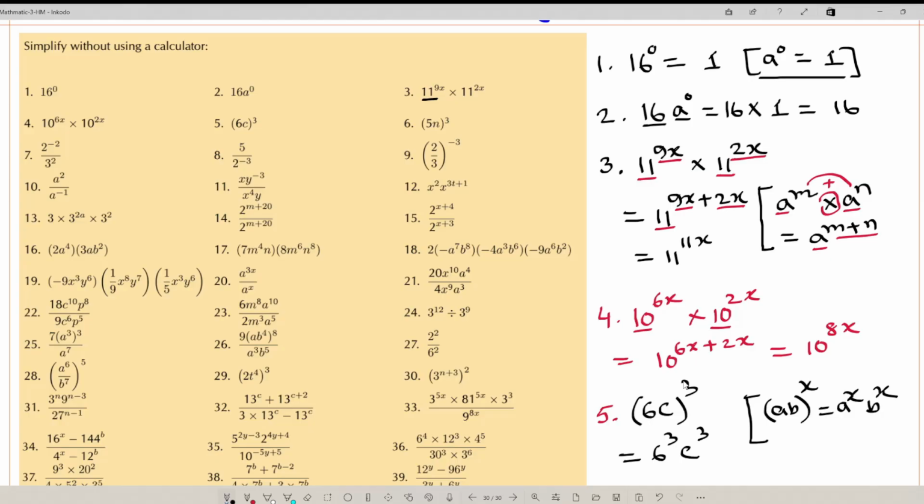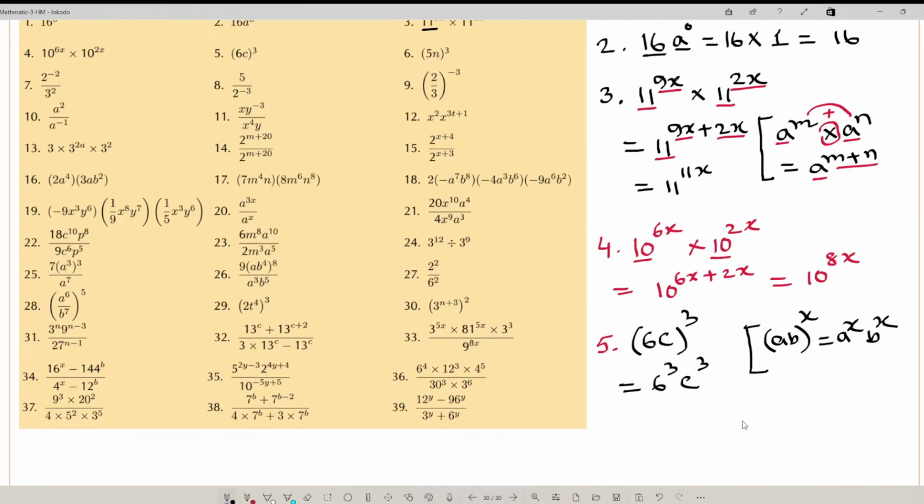Similarly, 6 cube and c cube. So what is the answer? 6 cube, we can use the calculator, is 216, and here c cube. Okay, so number 5 done.